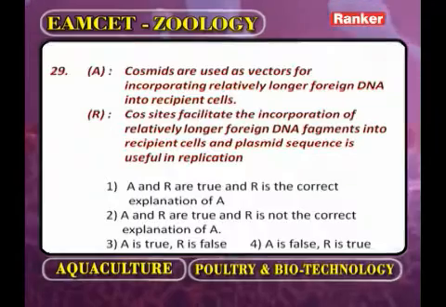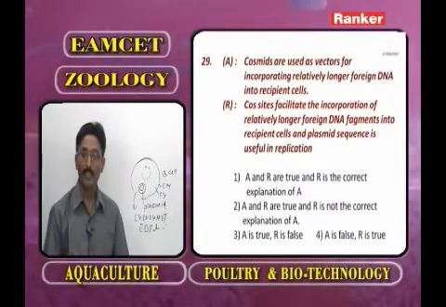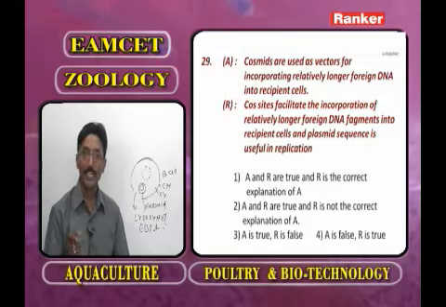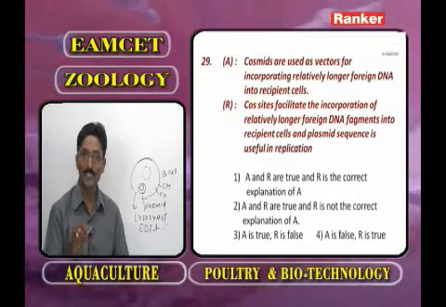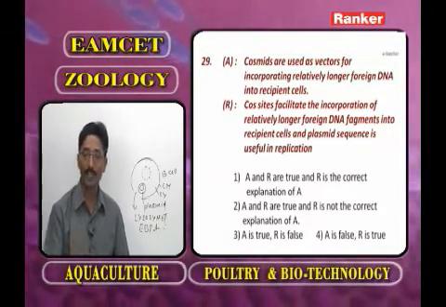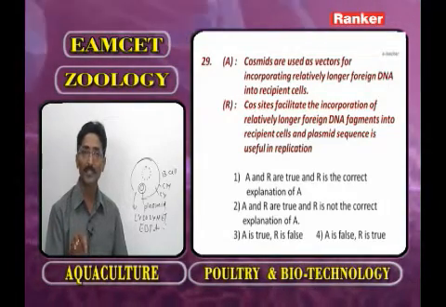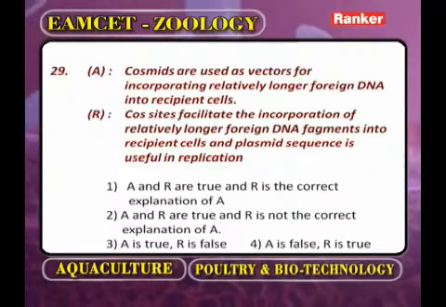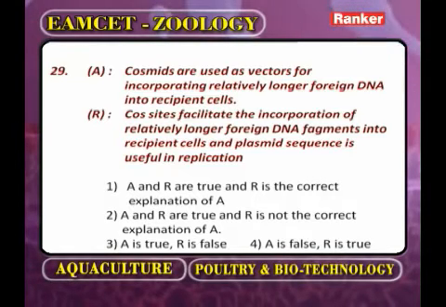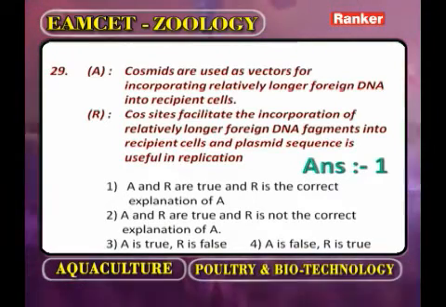The reason: cos sites of cosmid facilitate the insertion of relatively longer foreign DNA fragments into recipient cells. Here the recipient cells are bacterial cells. And the plasmid sequence is useful in replication. Now the answer is both are correct and the reason explains the assertion. Now the next one.